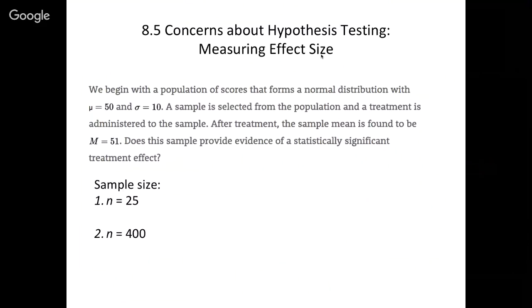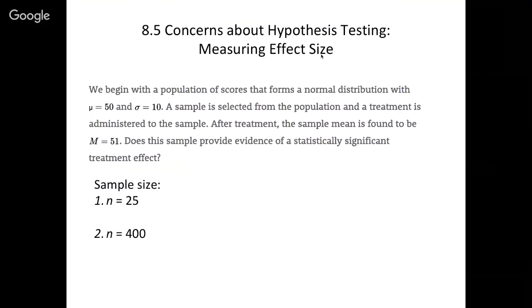But a significant effect can exist even when the effect is very small, but very stable, right? So when we say we have a significant effect, we don't know anything about the actual magnitude of that effect, whether it's big or small.